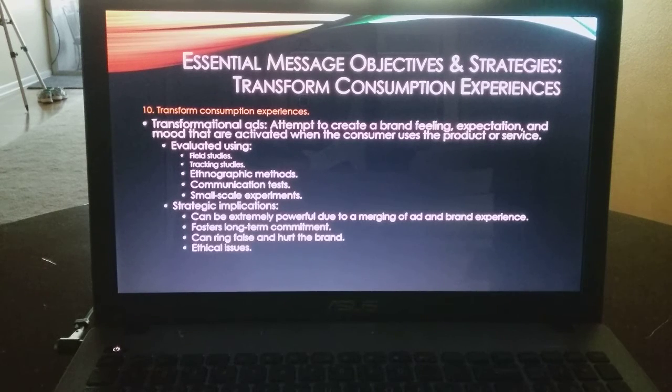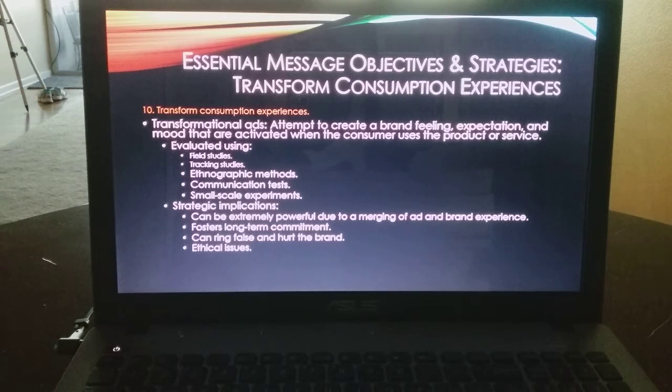And then your other goal is this idea of transforming your consumption or buying experiences. It's about making sure that the consumer feels something when they use the product. Will you feel like a real athlete when you run in Under Armour, or will you feel like you're really treating your family well if you're serving them Hormel meat, that kind of thing?